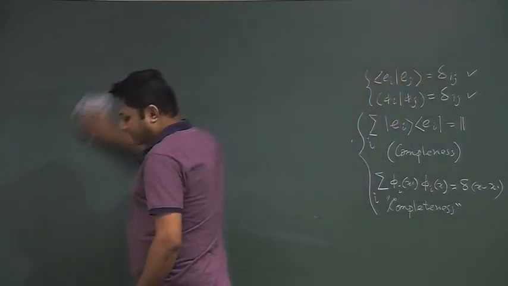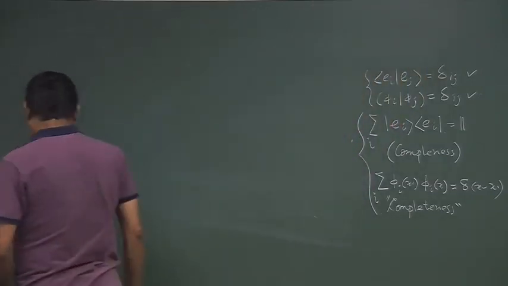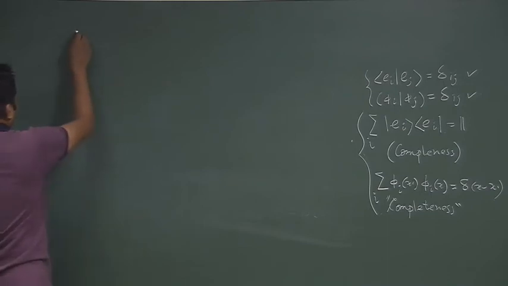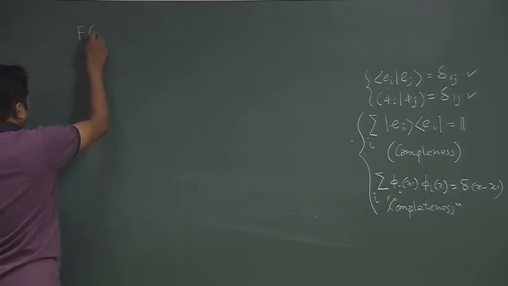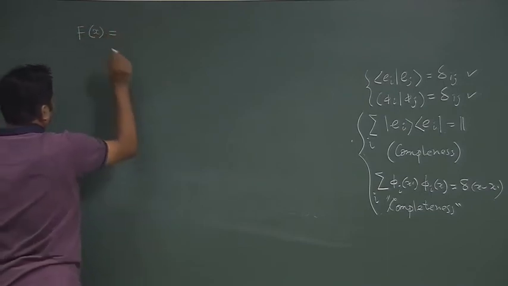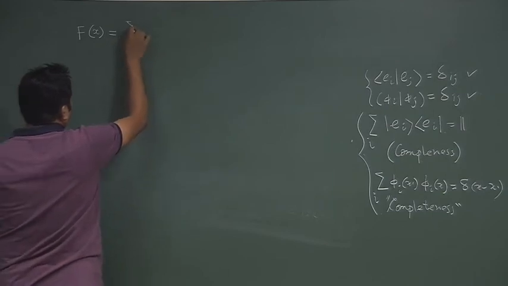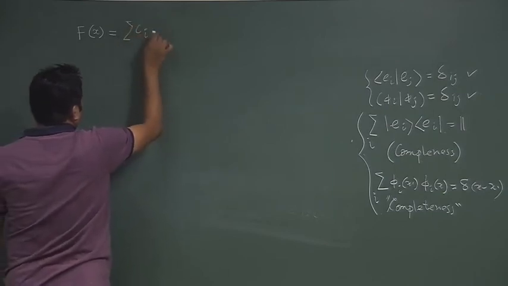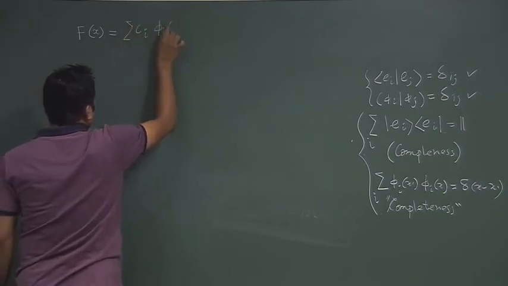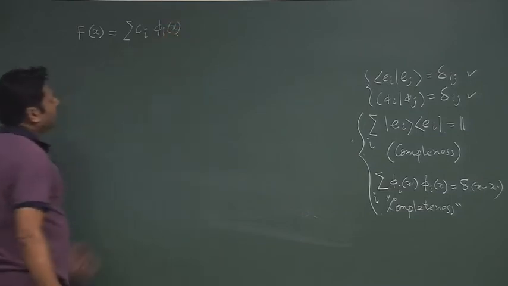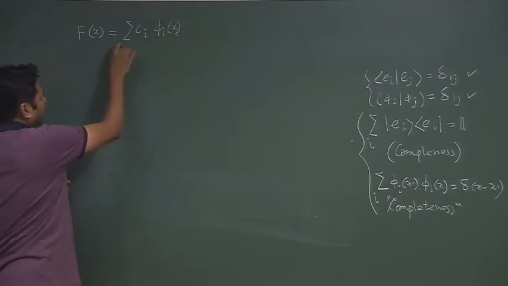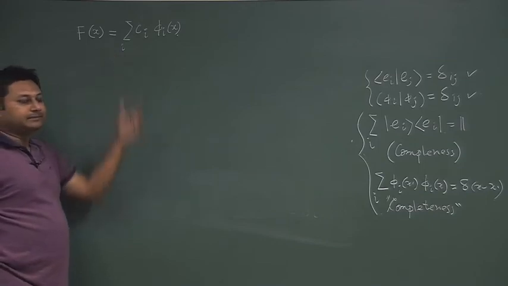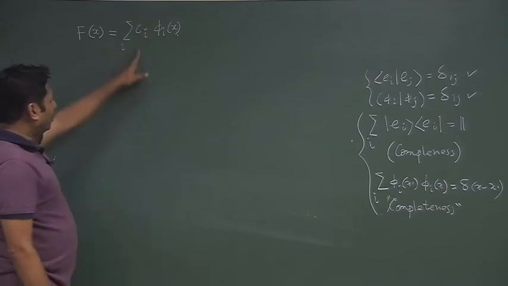Now we will define a function in terms of this basis function. So now the same thing I can write with C I: a function can be represented completely in terms of this. Now, how can I find C I?